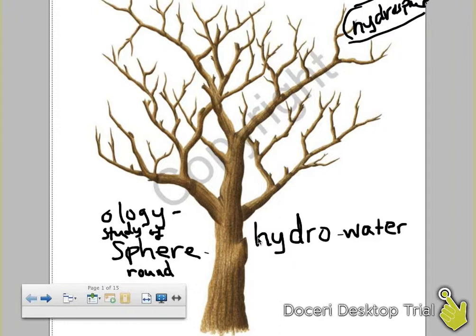So we can add another word as one of our leaves called hydrology, which is the study of water. And we don't have to put the definitions up there because we already have our roots at the bottom. I already have hydro, so I don't have to write it twice. Any questions?